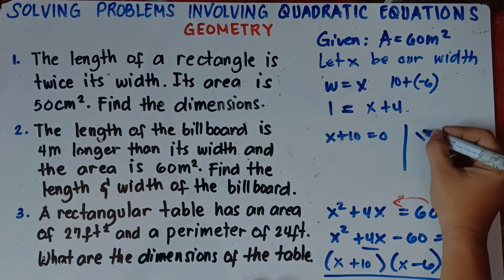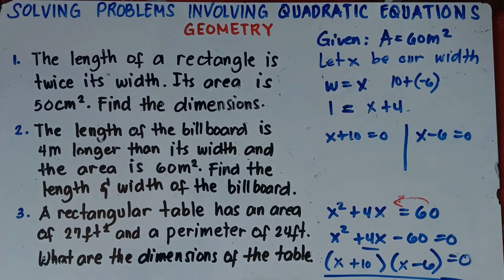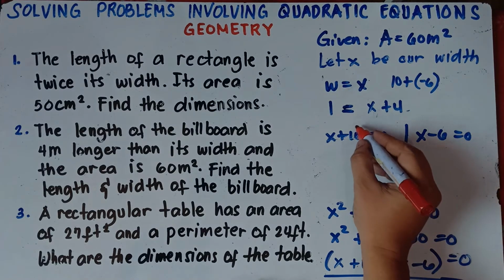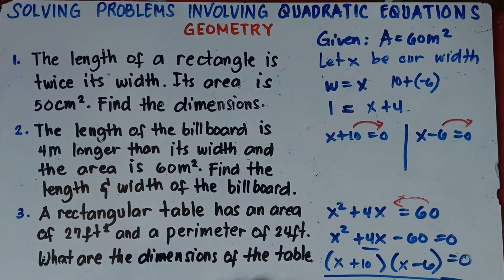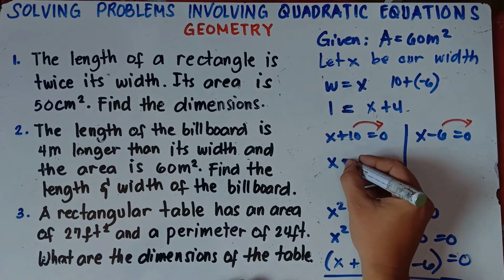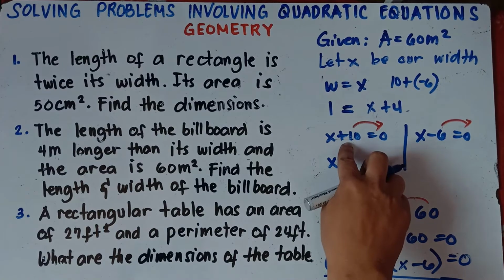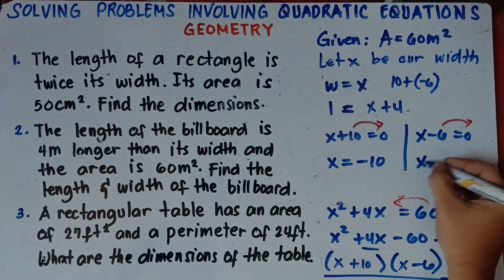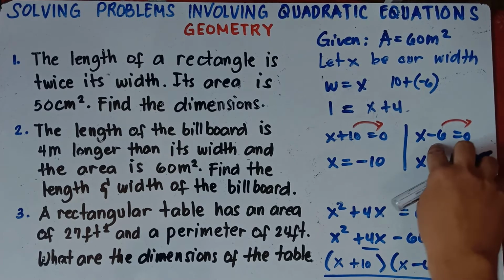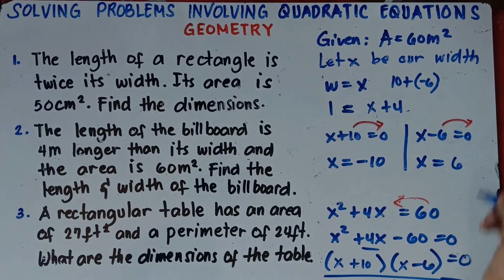The other one is x minus 6 equals 0. Just simply transpose 10 from left to right and 6 from left to right. So x equals, this is positive 10, it will be negative 10. And x equals, this is negative 6, it will be positive 6.